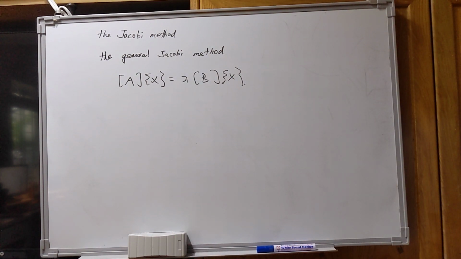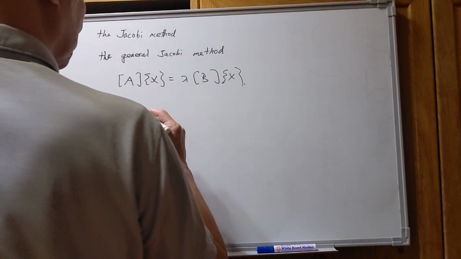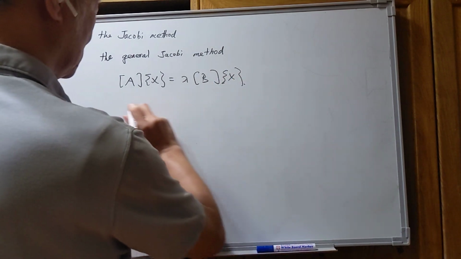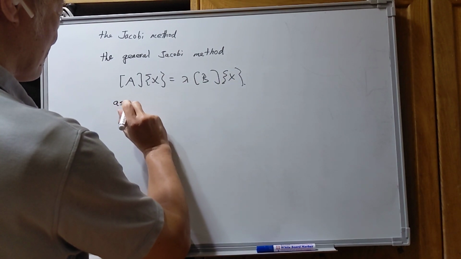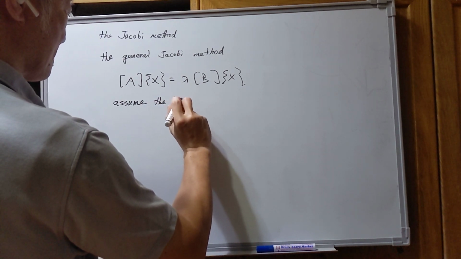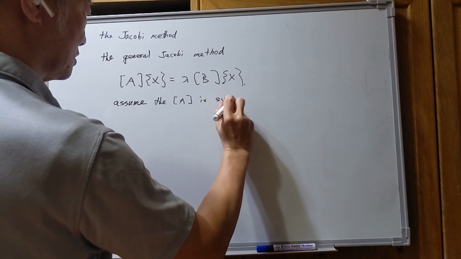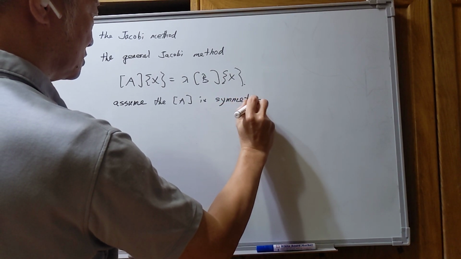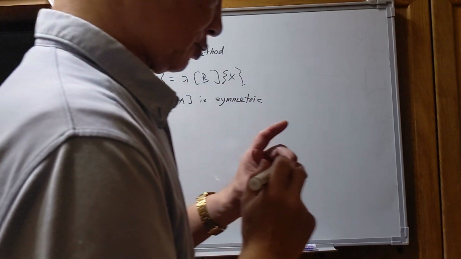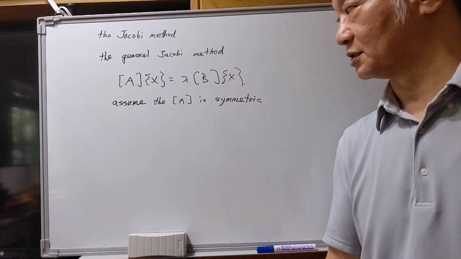If we have a matrix like this one, usually we will assume the A matrix is a symmetric matrix.